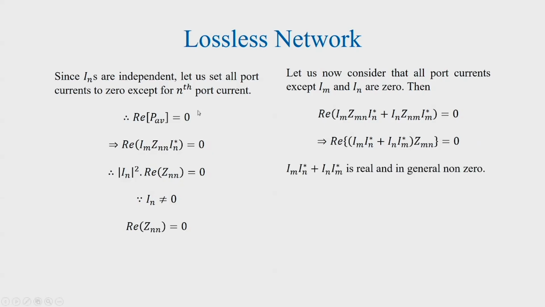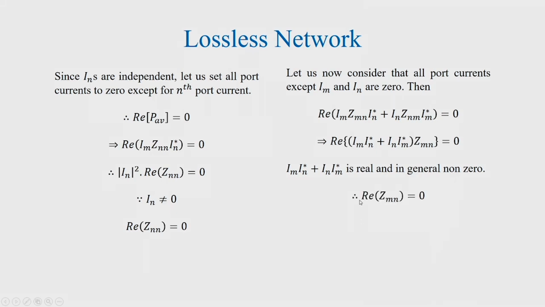Since we have a symmetric matrix, this quantity I m I n conjugate plus I n I m conjugate is always real. If you expand I m and I n in terms of real and imaginary parts and find the expression, this will be a real quantity, and in general it will be non-zero.